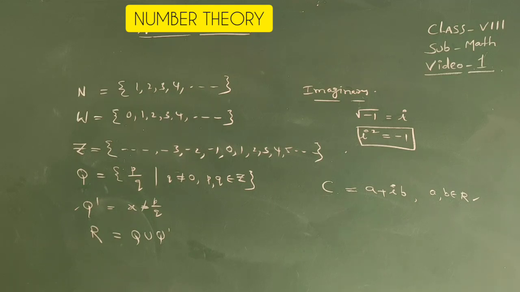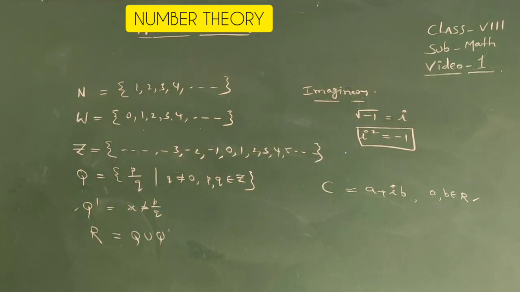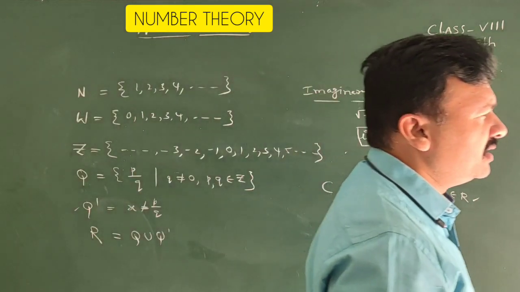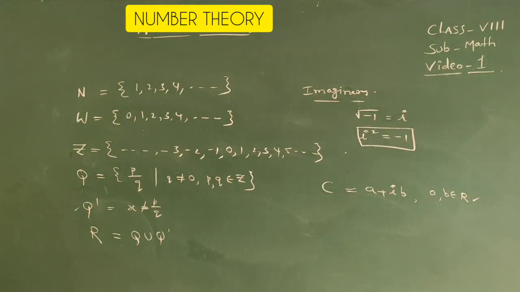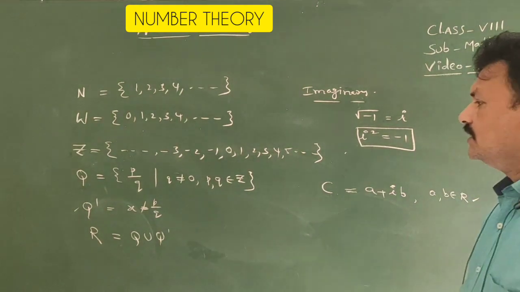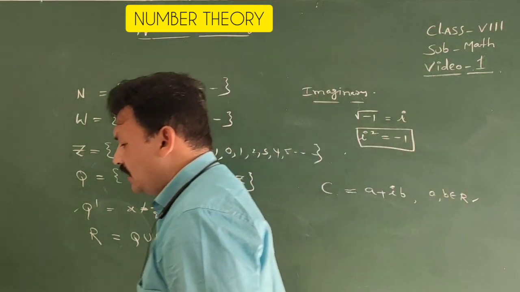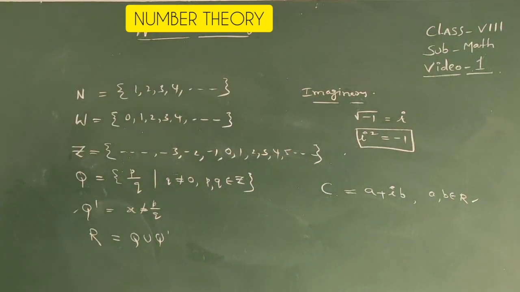This is our number system. Natural numbers: all counting numbers. Natural numbers along with 0 are called whole numbers. Integers: positive, negative along with 0. Rational: numbers in the form of p by q, where q is not equal to 0 and p, q belong to Z. Irrational numbers: numbers which we can't write in terms of p by q.